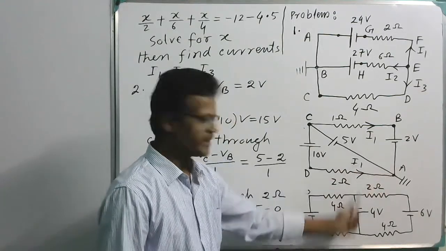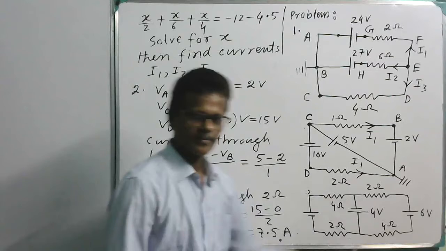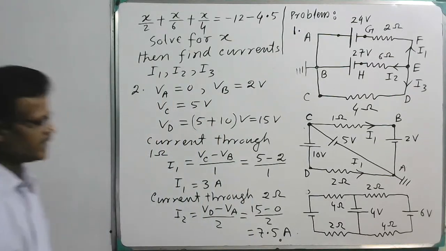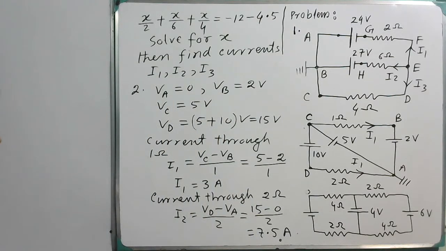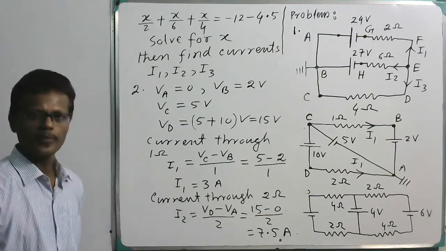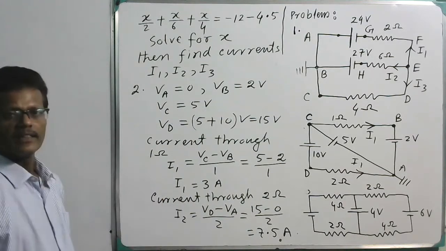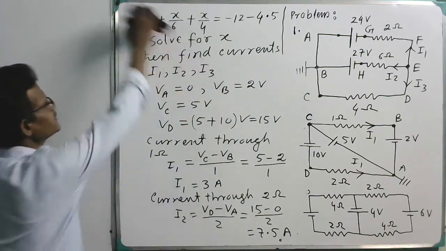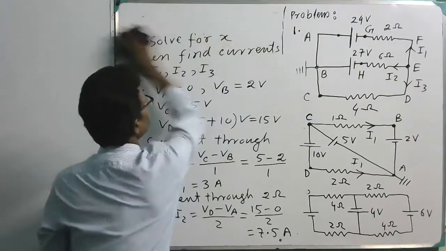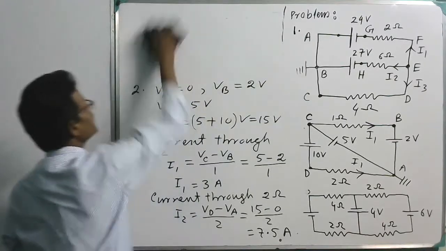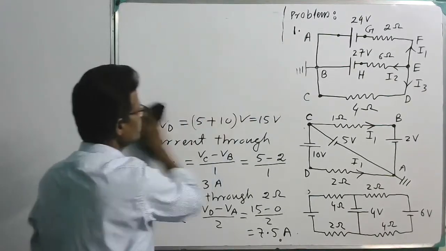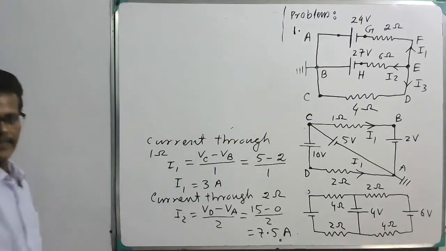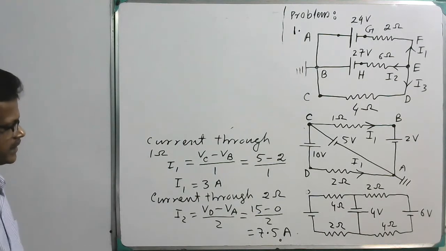In this particular case, you will face some difficulties. Let us analyze that circuit with the help of nodal analysis and see what problem we face. That means nodal analysis you cannot apply for any circuit; some criteria is there.